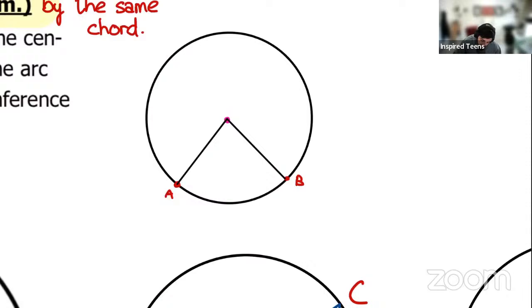And any other circumference angle could be here. Bad choice. Could be here.